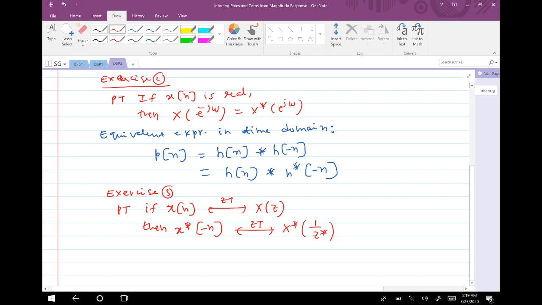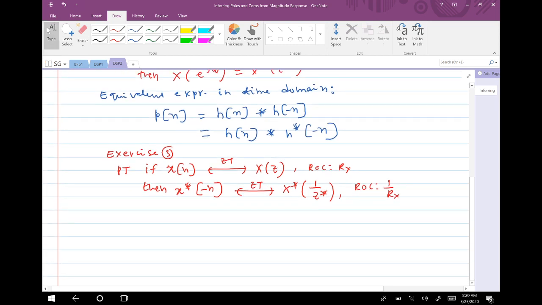And this being a z transform, we need to mention the ROC also. Assume that here the ROC is R subscript x, and then this would have an ROC of 1 by Rx. So you prove this as well. In this class we will directly use this result. So you apply the z transform to this expression.